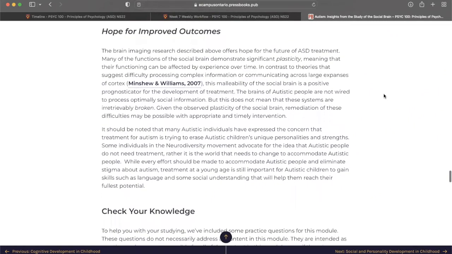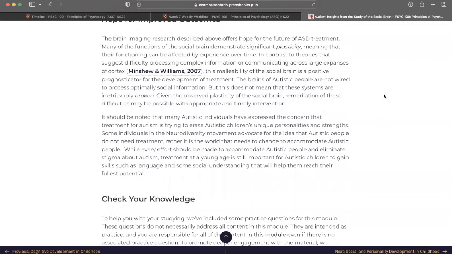The brains of autistic people are not wired to process optimally social information, but this does not mean that these symptoms are irretrievably broken. Given the observed plasticity of the social brain, remediation of these difficulties may be possible with appropriate and timely intervention.